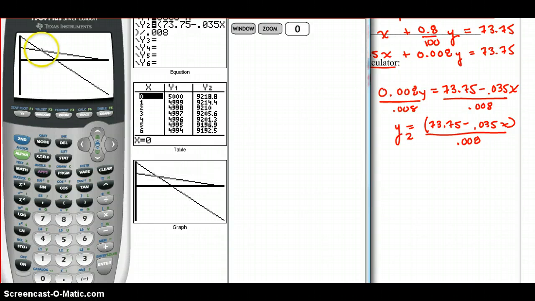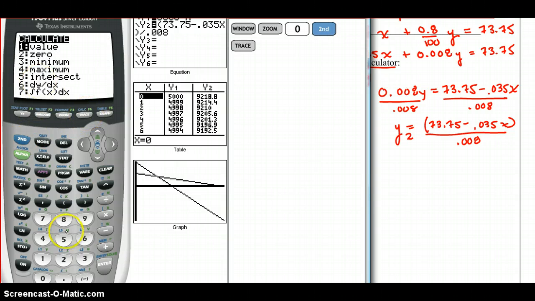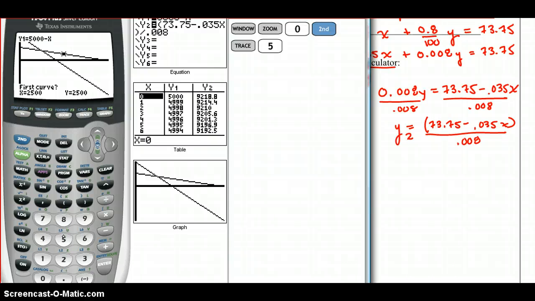We do see an intersection point on screen, so we can use the intersect feature. We hit second calc, option 5 for intersect, and push enter, enter, and enter. Our intersection is at the point 1,250 and 3,750.